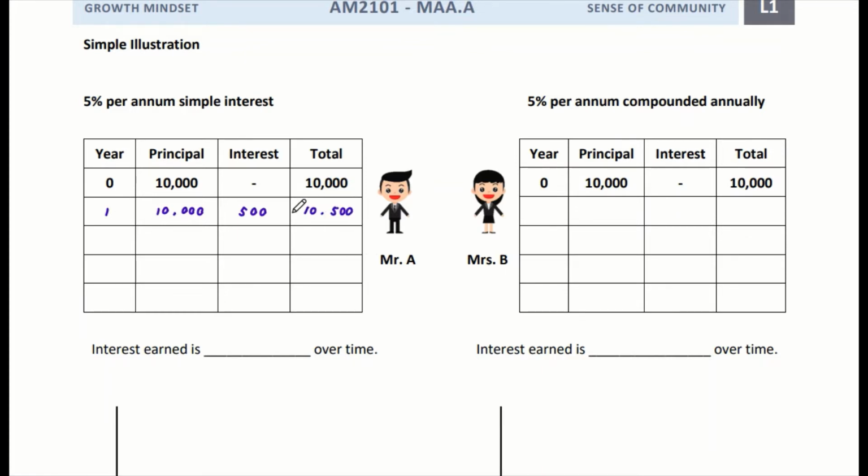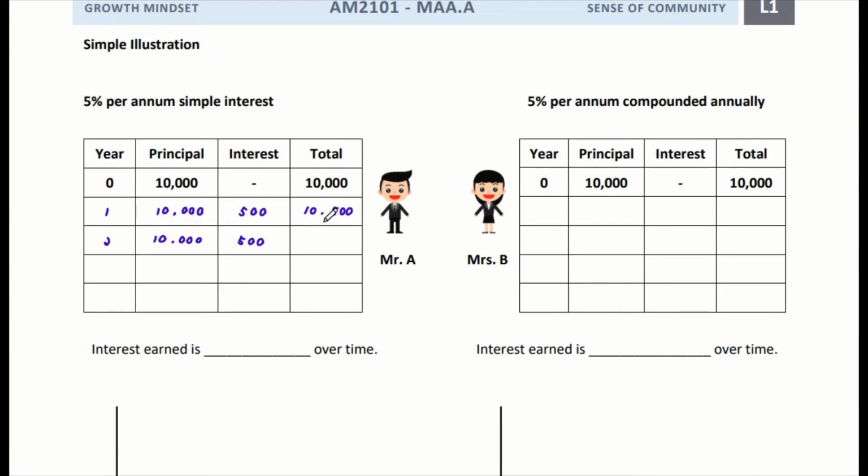All right, moving onwards, in the second year, the principal of Mr. A is still 10,000. Am I right? Because the 500 that he earned is interest, not principal. And simple interest is only charged on the principal only. So again, he will generate another 500 interest at the end of the second year.